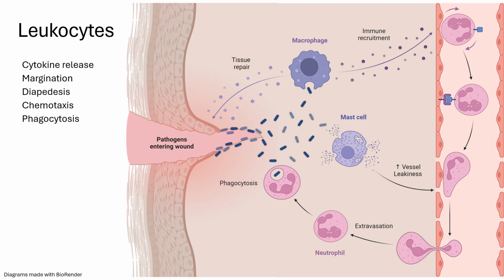You have leukocytes floating around in your blood, but that's not exactly where they do their work. There are also eosinophils and neutrophils. And over here on the right side of this diagram, I have a blood vessel with a neutrophil floating around in it.